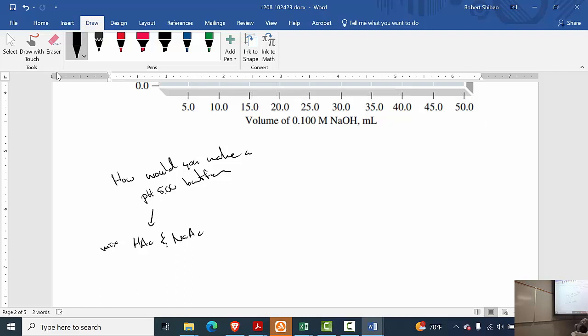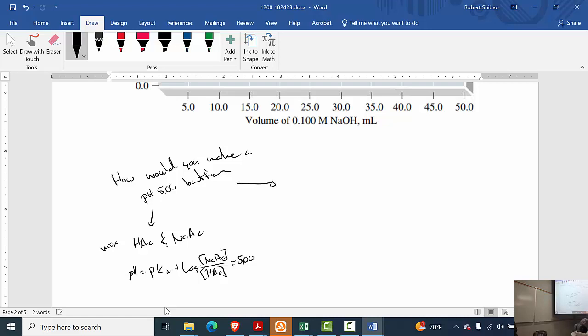We can adjust the ratio until the pH hits 5, and that's in our buffer region, if we have a pH meter. If we don't, then we can calculate what the right ratio is using the Henderson-Hasselbalch equation: the pH is equal to pKa plus the log of the ratio of sodium acetate to acetic acid. And we want to set this equal to 5.00. And so we just solve for the correct ratio of base to acid.